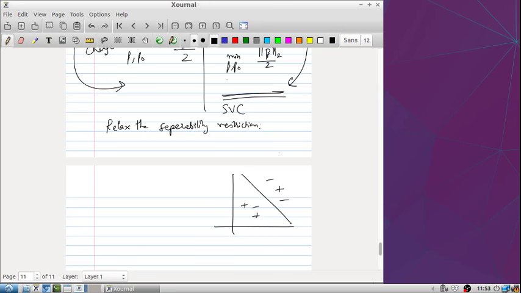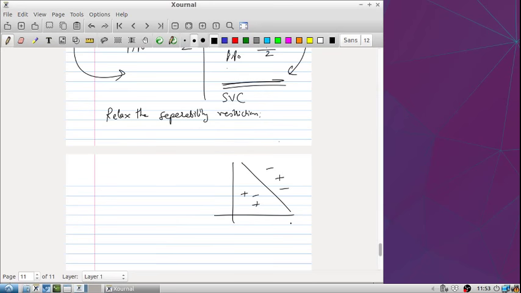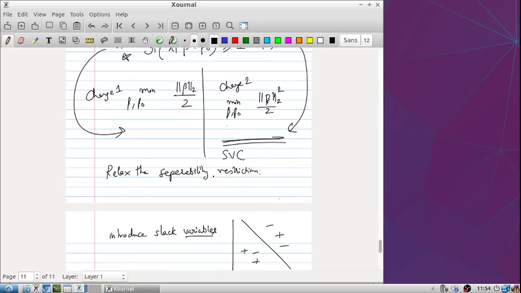So basically, I want to let some points fall on the other side of the margin. I'm okay with some points falling on the other side of the margin. How do I do that? So that is through the introduction of slack variables. Variables just means that I had this original problem which was only minimizing over beta and beta naught, right?